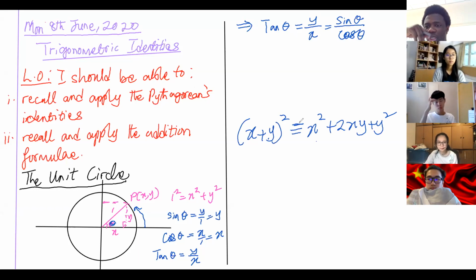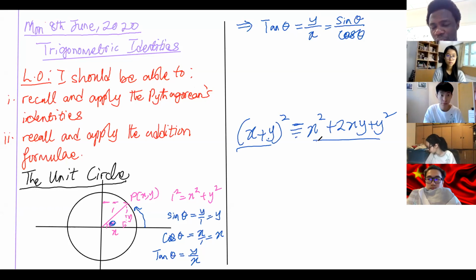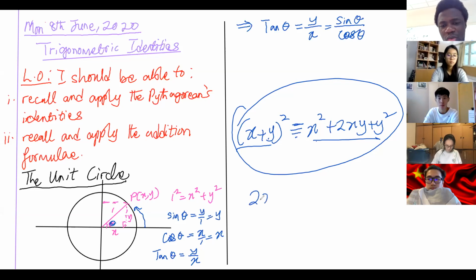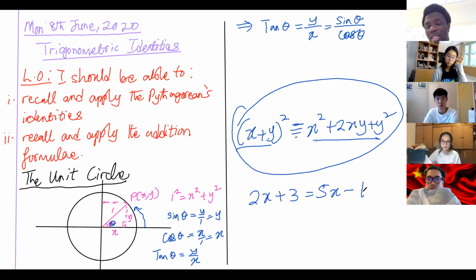Does that make sense? Then we say this is equivalent to this anytime, any day. So this becomes an identity. It's different from an equation. If you have an equation, you can say 2x plus 3 is equal to 5x minus 1, for example. This is only true for one x value.